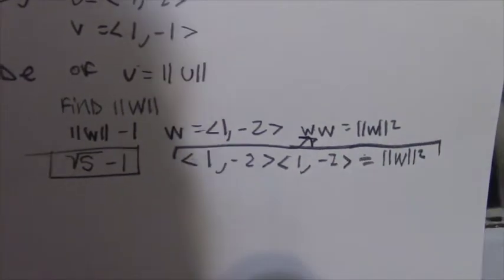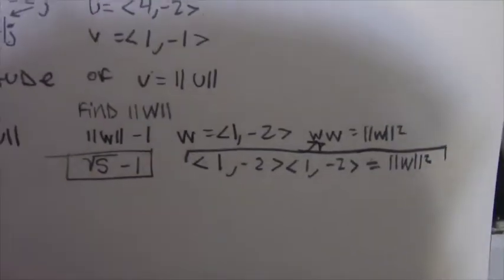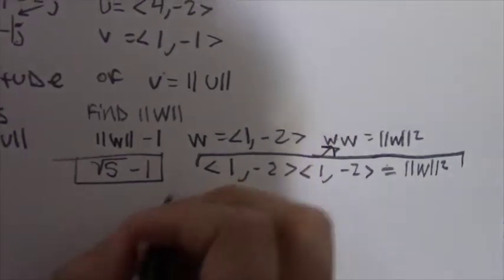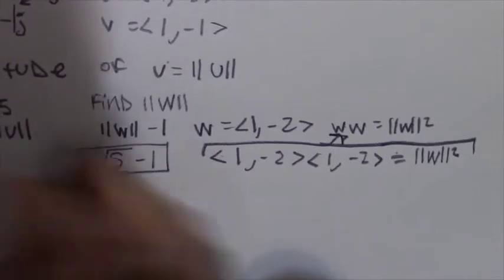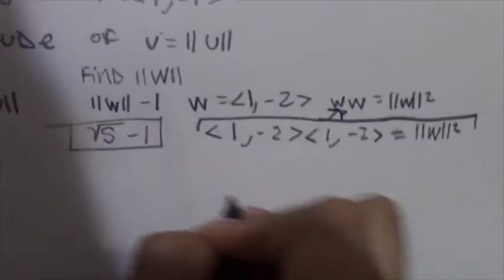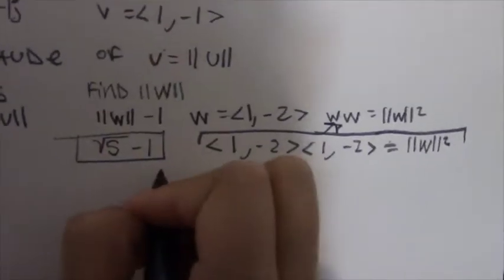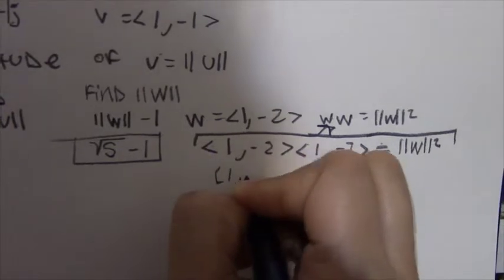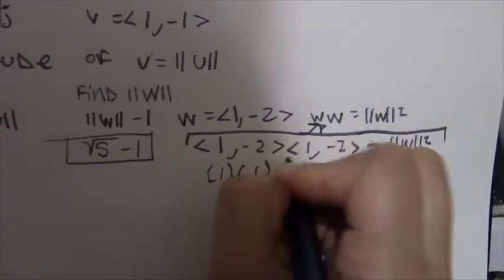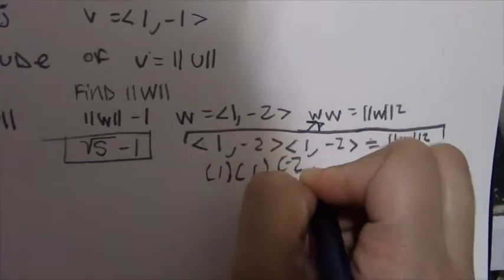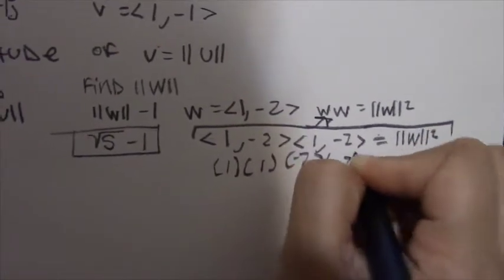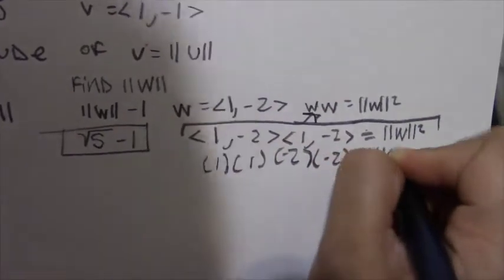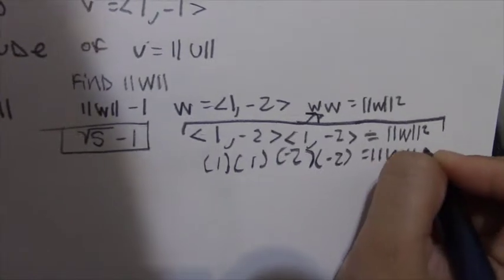We're still finding the W now, not the U anymore. And then we do 1 times 1, negative 2 times negative 2, using the dot property, equals W squared.